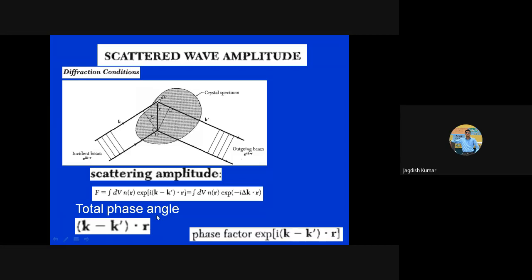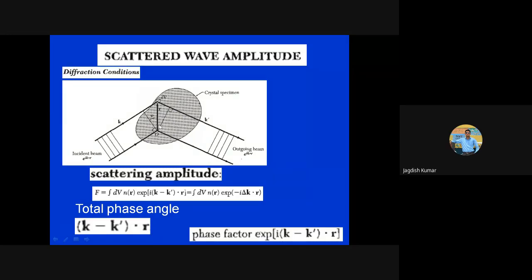For this, let us first assume that this angle is phi, which is the angle between the perpendicular drawn on the incident beam and the point joining. This is, suppose, the full beam size of the X-ray. So this r vector is the vector joining the point on the crystal where one end of the beam is falling and the point where the second end of the beam is falling.